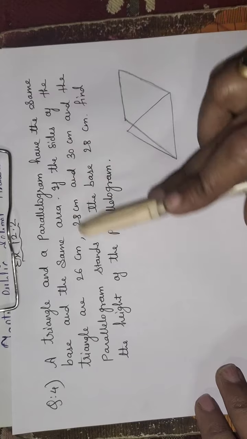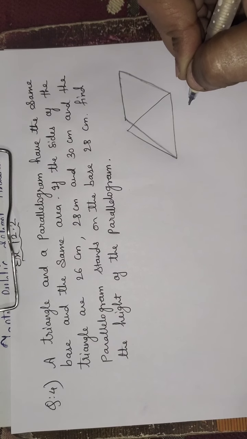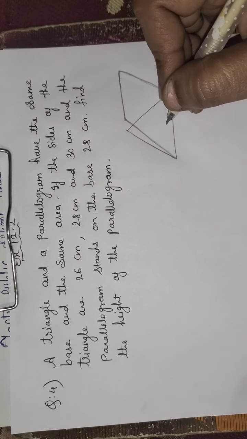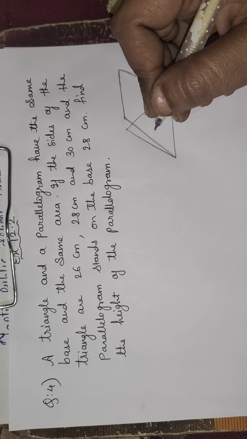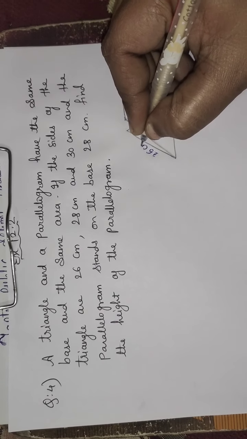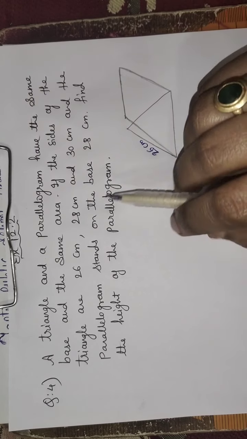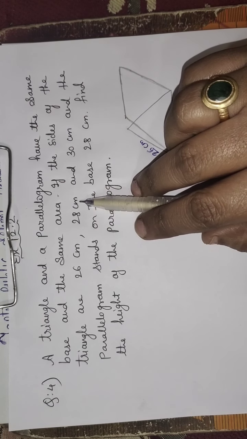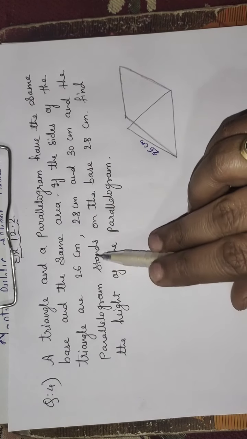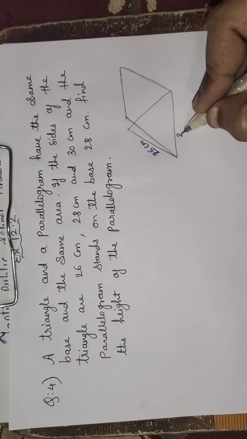If the sides of the triangle are 26 centimeter, 28 centimeter and 30 centimeter, and the parallelogram stands on the base 28, which means the base of the triangle is 28.